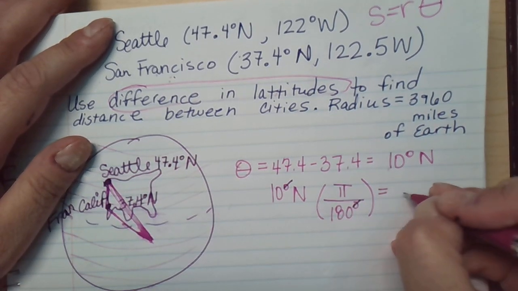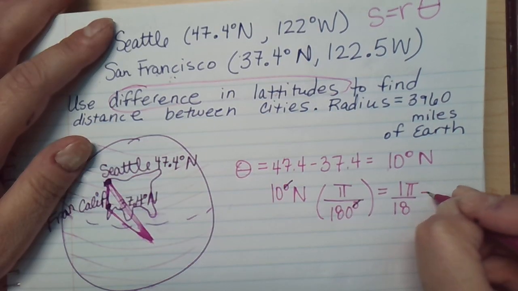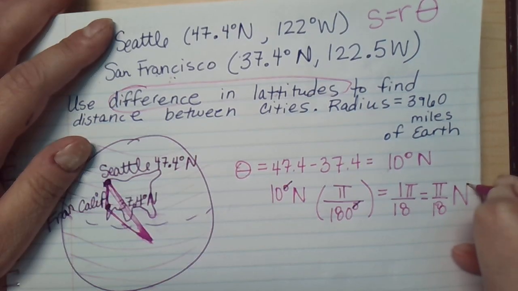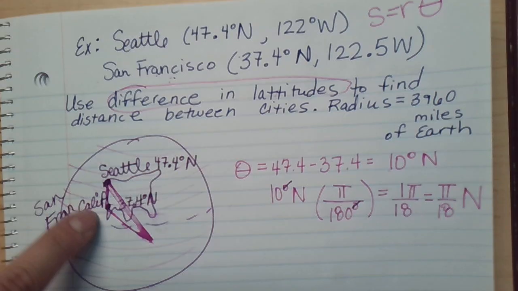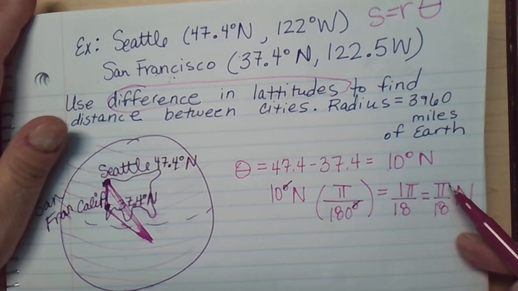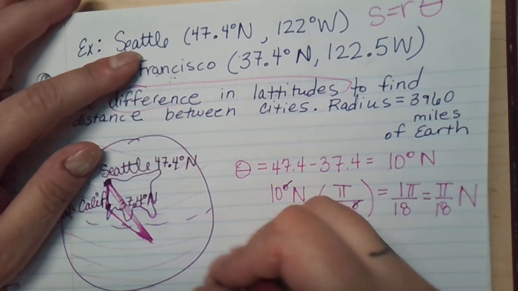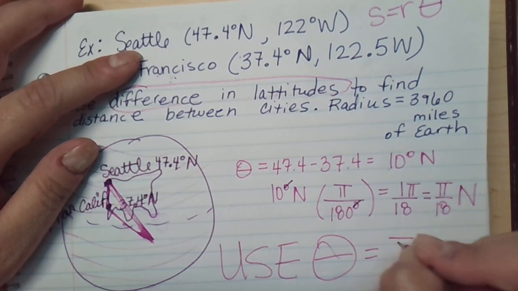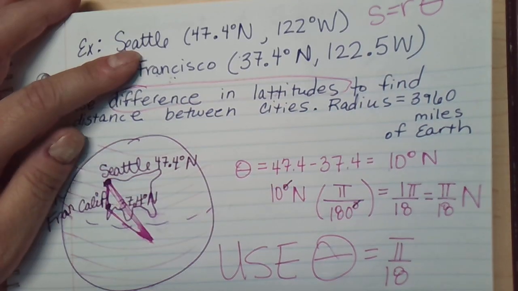So this should become 1 over 18 with a pi on it. Or, since we're grown-ups, we'll say pi over 18 radians north. So this little chunk, if I were to cut out this slice, this piece of earth, the angle would be pi over 18. So we are going to now use theta equals that pi over 18. We are not going to use that degree.